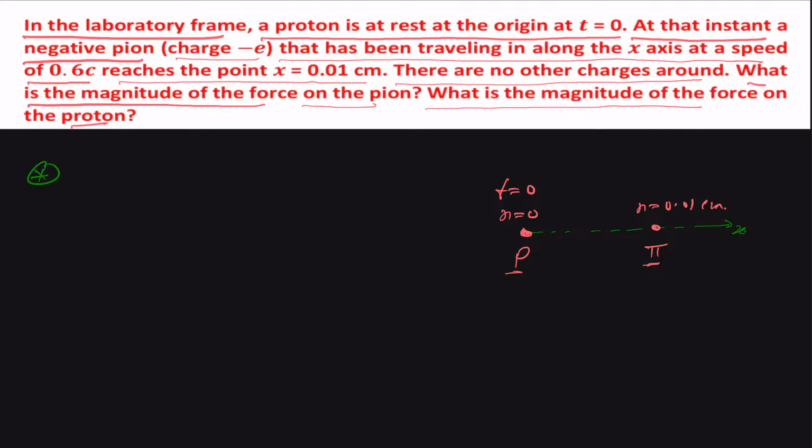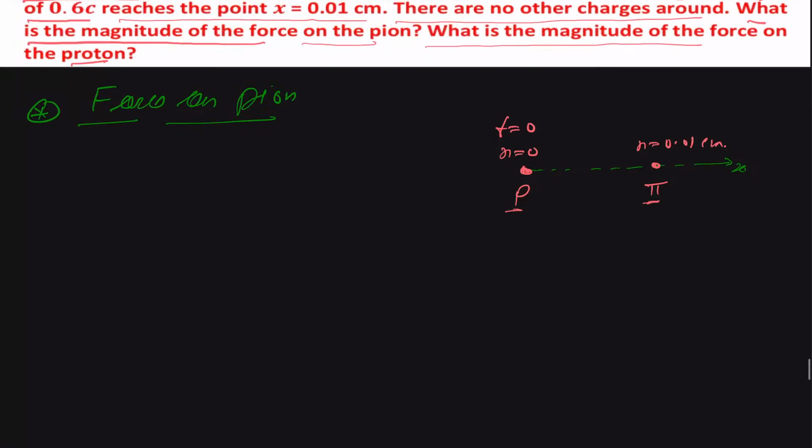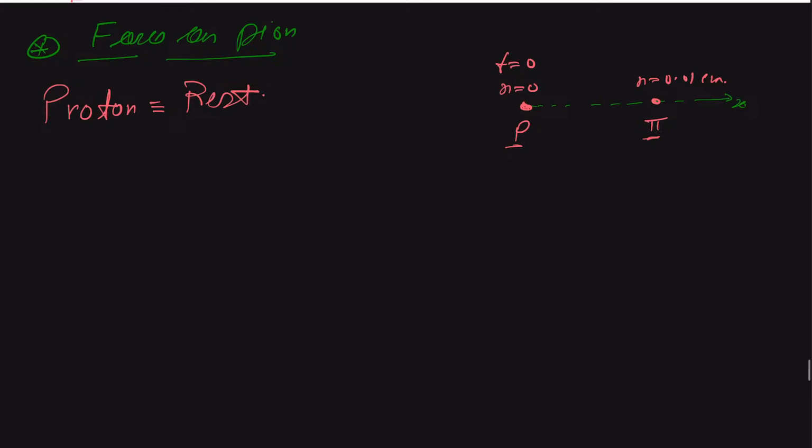So the force on the pion: our proton is at rest, therefore our electric field will be equal to 1 upon 4 pi epsilon naught times e upon r squared. This is our r.